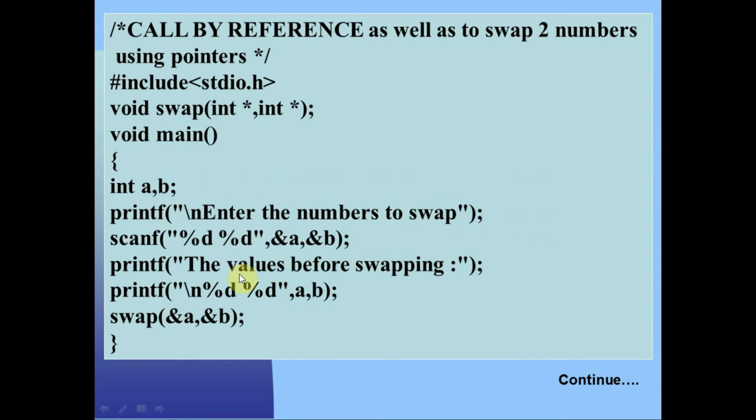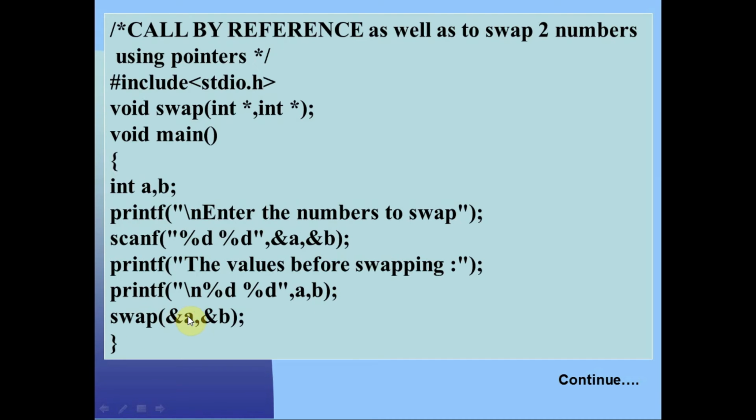For call by reference, in this example we are swapping two numbers. We enter two numbers. The first number is stored in a and the second number in b. Before swapping, a has value 10 and b has value 10.